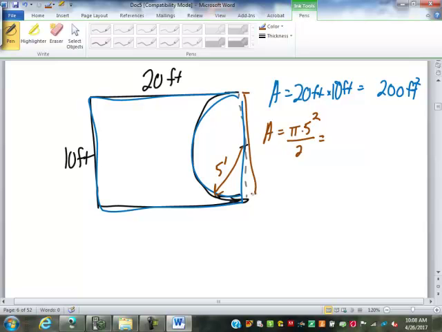Yeah, 10 goes all the way across. 10 is the diameter. So half of that, 5, is the radius. Yep. Radius is always half the diameter. And to find area, you have to have the radius. And since it's half a circle, we're going to divide it by 2. 39.25. We will subtract. That's going to be 160.75 square feet.